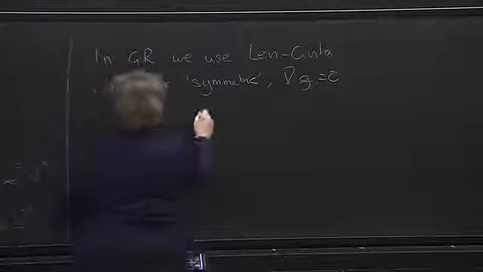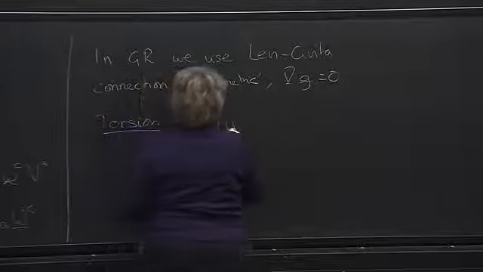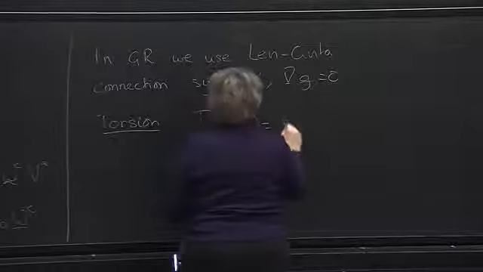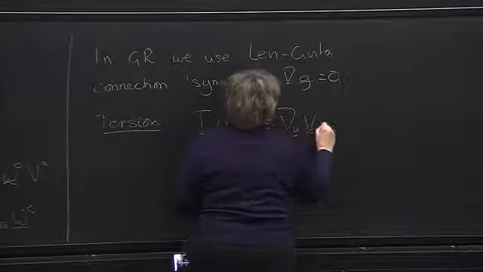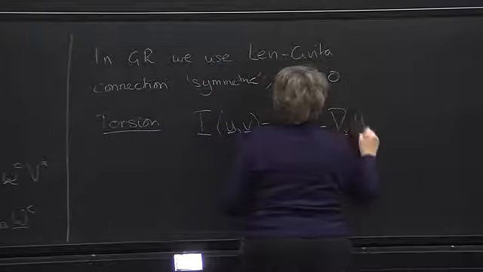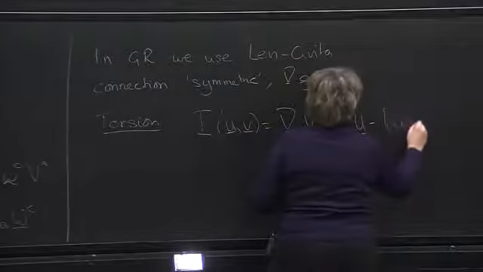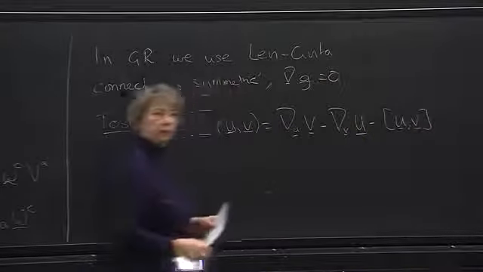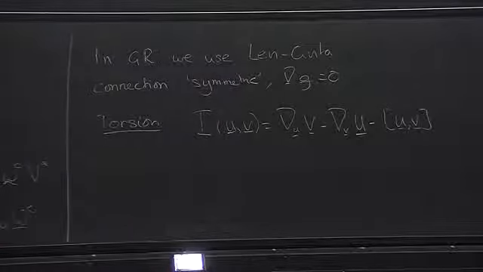So what is torsion? So we define the torsion of a connection. It's more or less the antisymmetric part, not quite, but more or less.